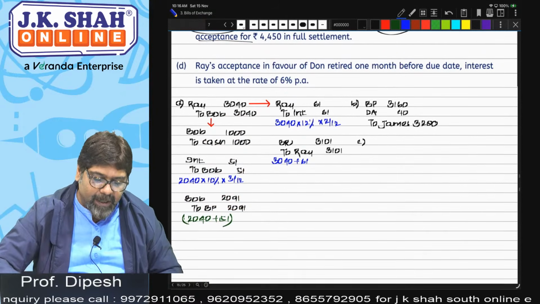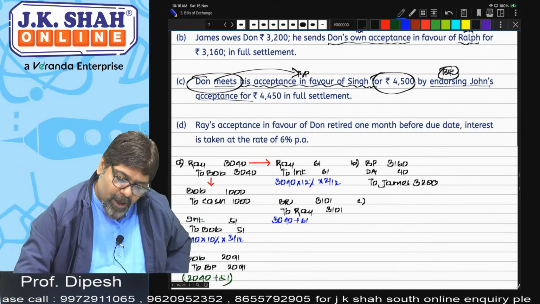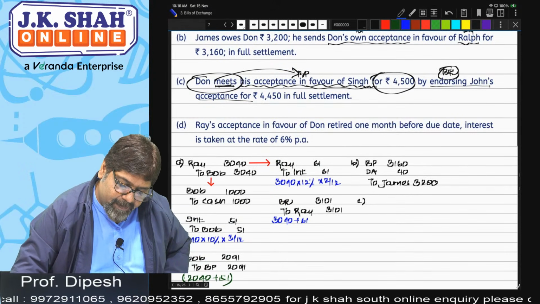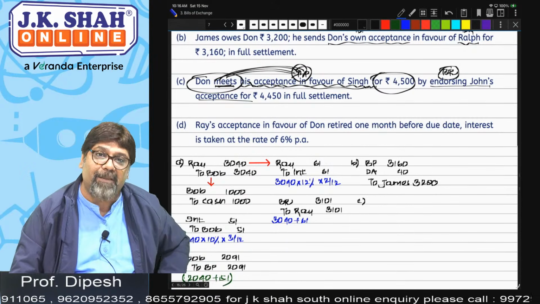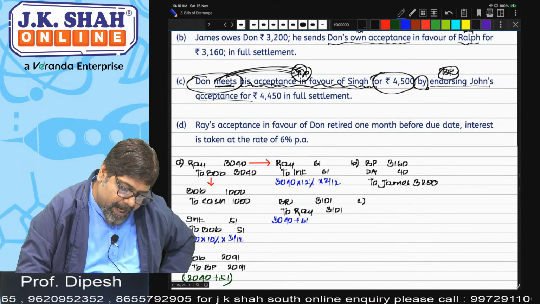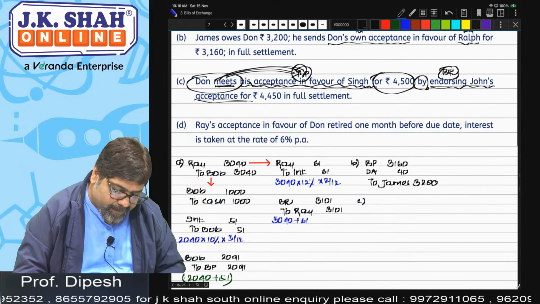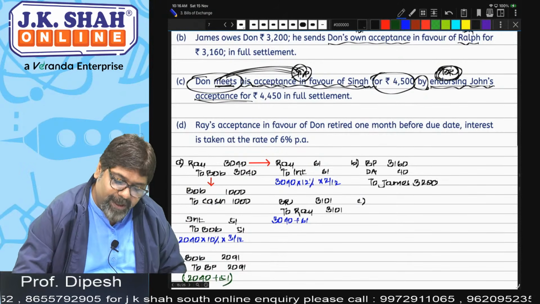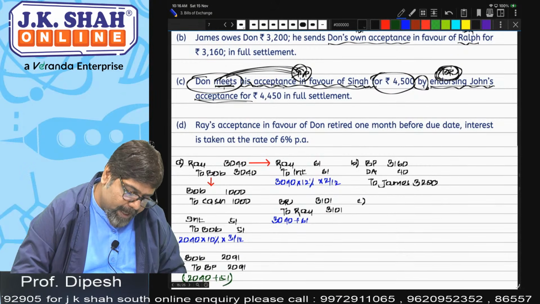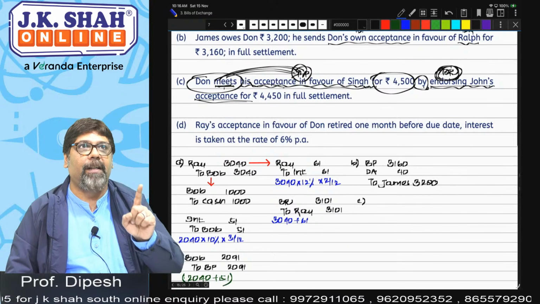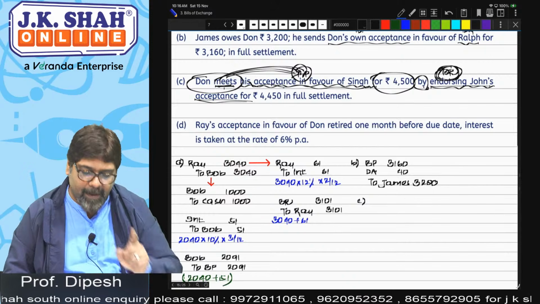Don pays his bills payable by bills receivable. Understood? Don meets his acceptance in favor of Singh, that is bills payable. So Don pays bills payable by bills receivable.